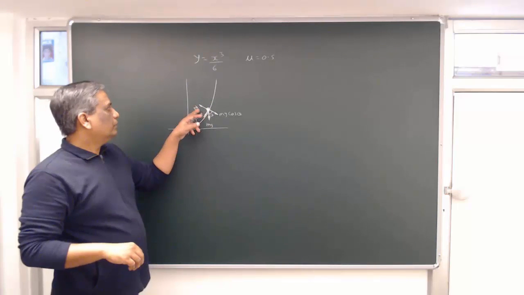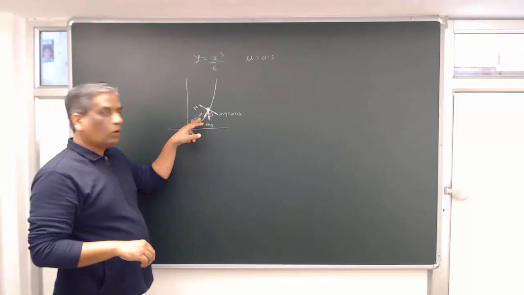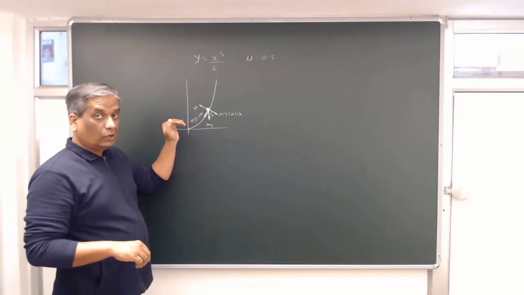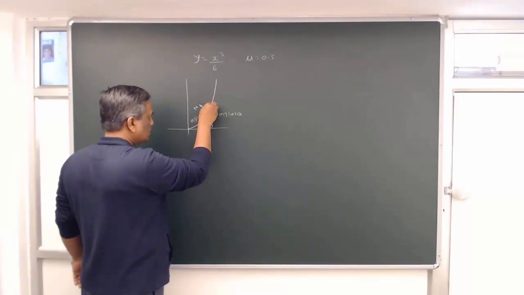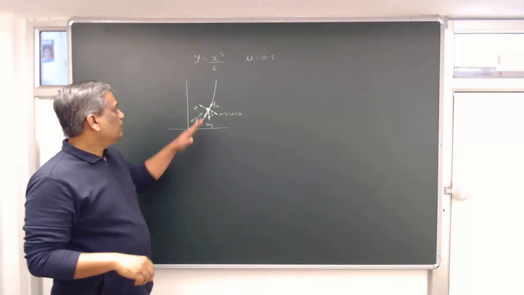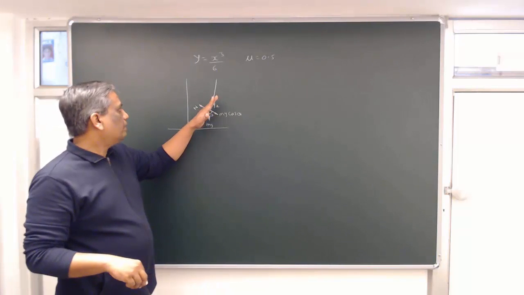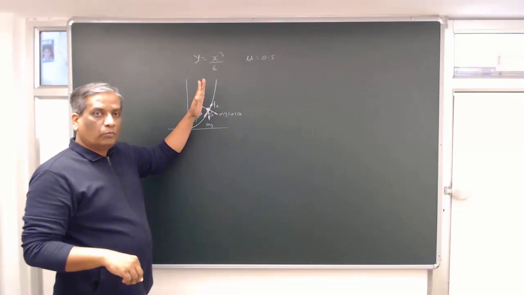Now mg sin theta is going to pull the block in the downward direction. Now to stop that, there is going to be an upward force which is a frictional force. So I am going to have Fr here, frictional force. But if you see, as I go up and up, it is going to be more and more steep.